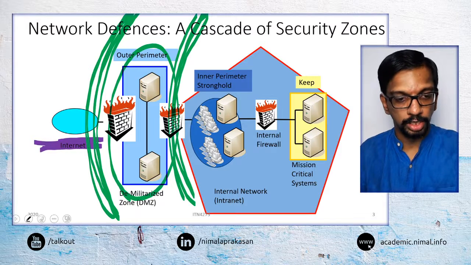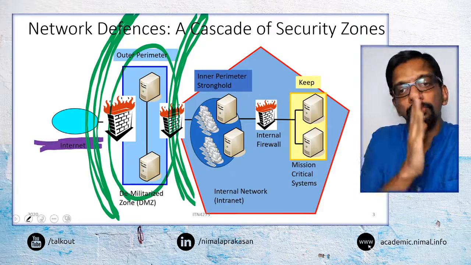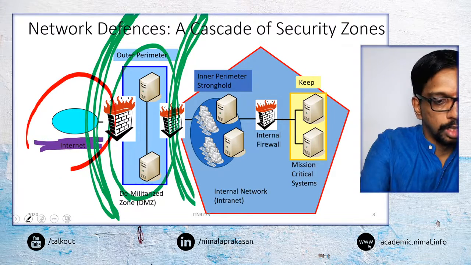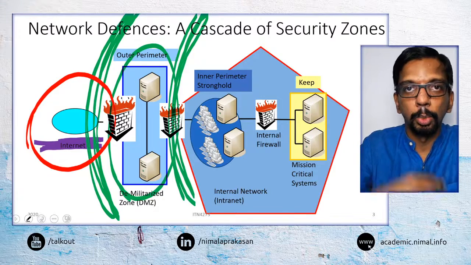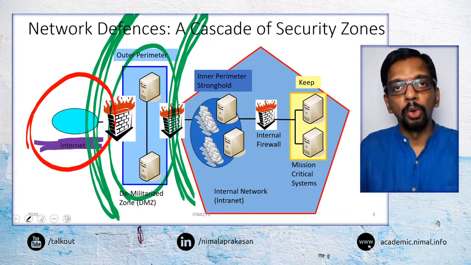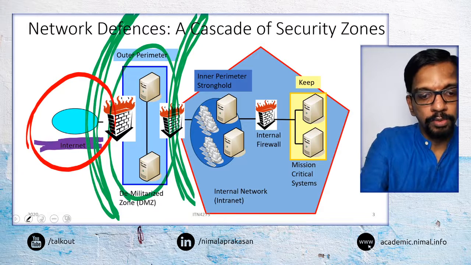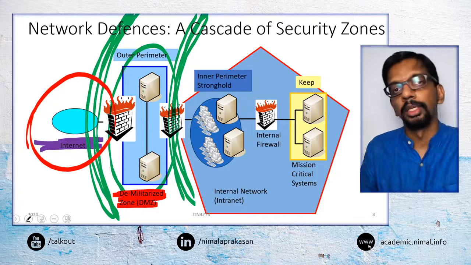And in a network sense, how we may use these levels of security or zonings of security is, say, the outside network is pretty much the internet or any other wide area network outside an organization. Then we will have what is called a demilitarized zone or a DMZ.